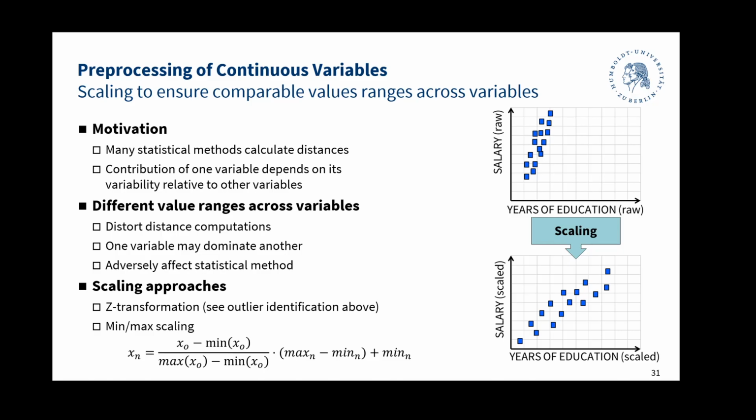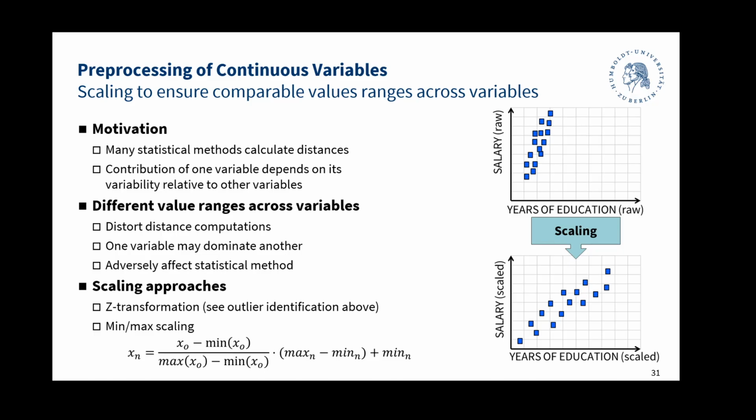With the min-max scaling in the way I'm illustrating it, this range will be 0 to 1. So 1 is the largest possible value and 0 is the least possible value.